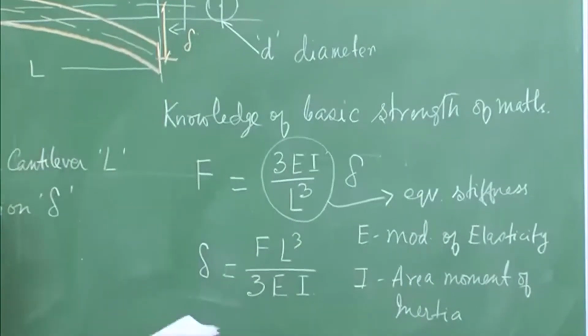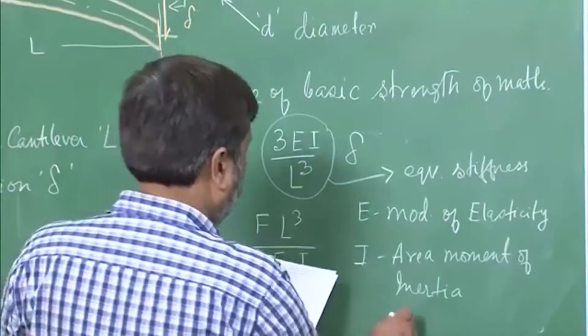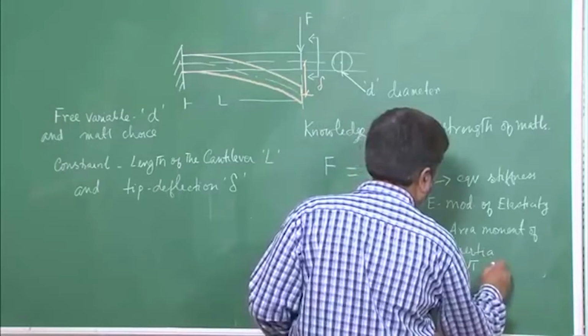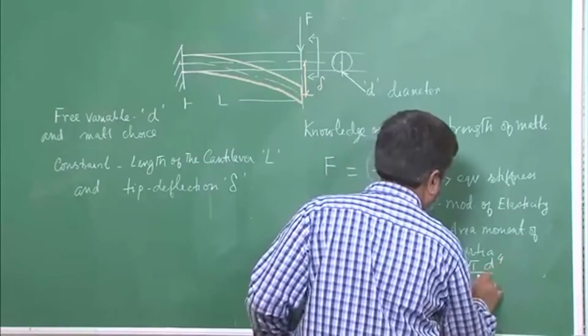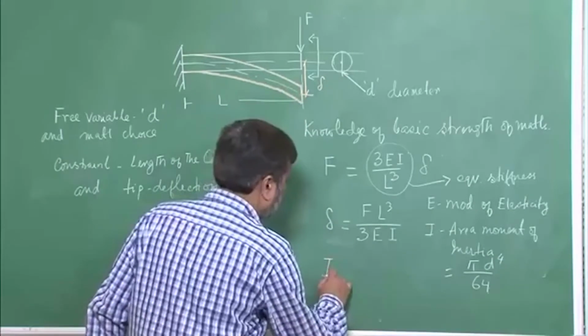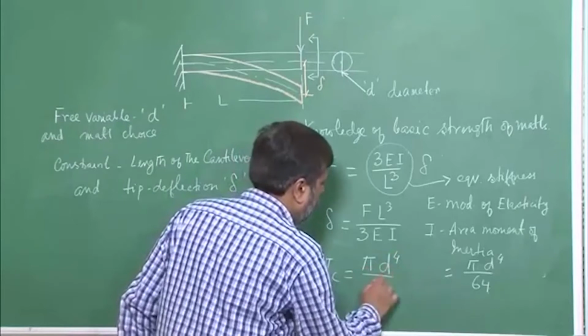For a circular cross section, I in our case is pi d to the power 4 over 64.